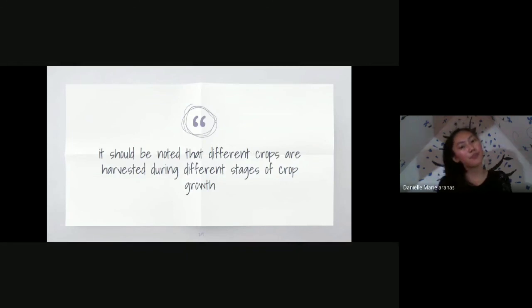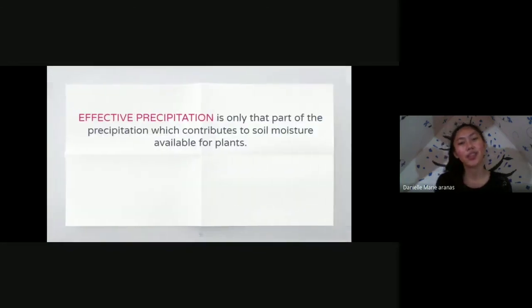Different crops are harvested during different stages of crop growth. For example, the leafy vegetables are harvested during the vegetative stage, and the flowering crops are harvested during the flowering stage. And most crops, such as potatoes, rice, corn, beans, bananas, etc., are harvested during the fruiting stage.